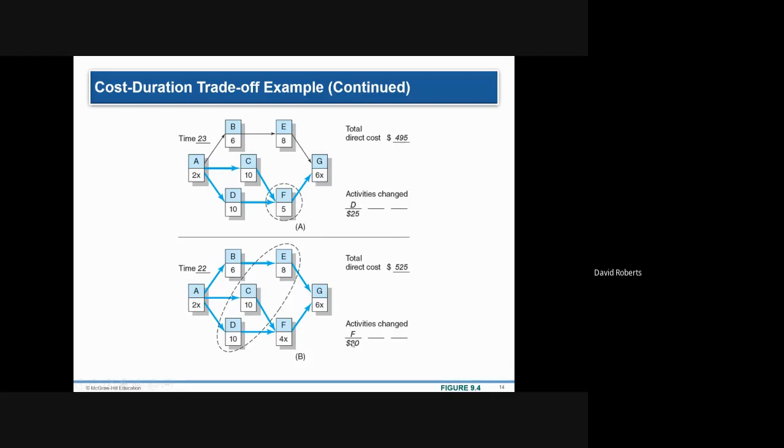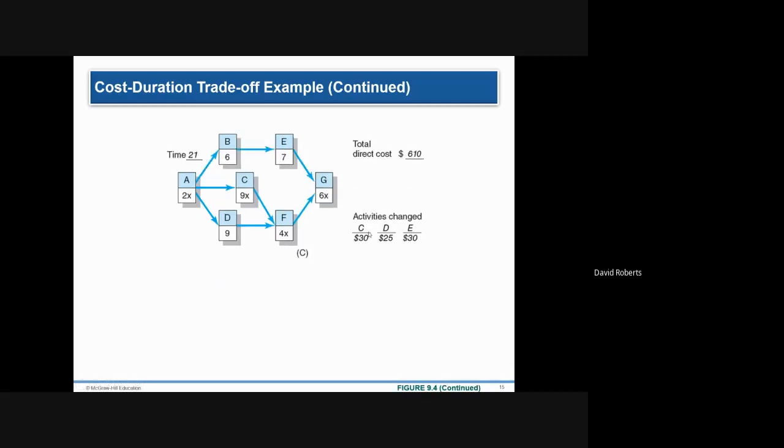And you're going to select, first of all, D, because D is less expensive at $25 than F, which is $30. And you will use D until it is completely used up. So to shorten the project from 24 days to 21 is 3 days, and you would use C, D, and E to change those by reducing them.